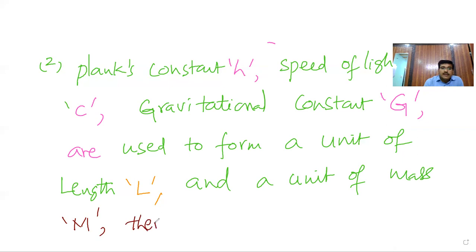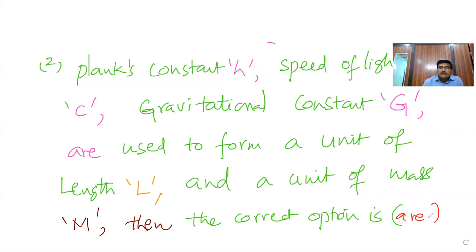Then the correct option is, within the bracket he says that option or options. Have clarity. If he says "is" and "are", it means it is a multiple choice question having more than one option correct.